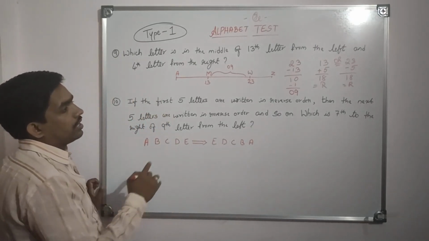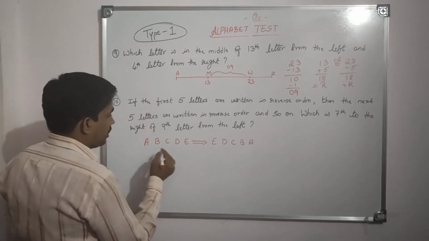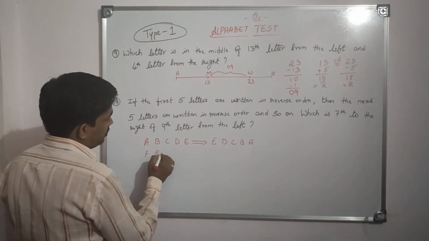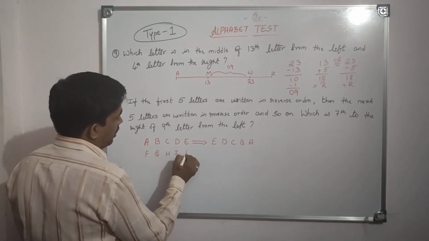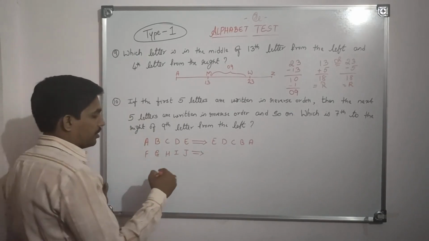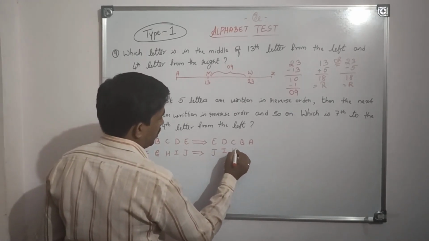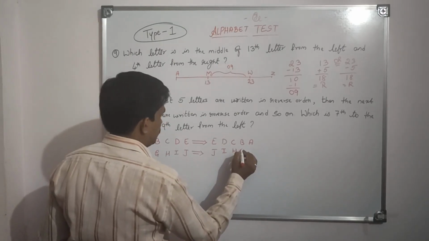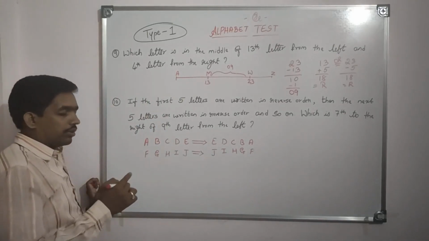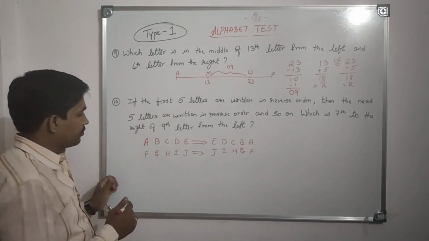Then the next 5 letters are written in reverse order. Our next 5 letters are F, G, H, I, J. We write these in reverse order again: J, I, H, G, F. And so on means this process should continue.